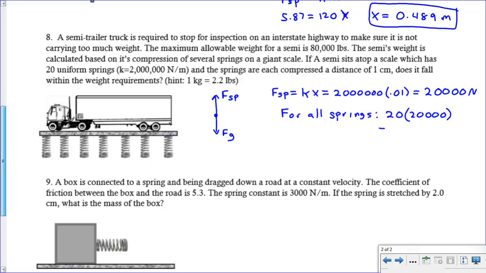And you get 400,000. So all of the springs together pushing up on the truck have 400,000 newtons of force. That means the gravitational force on this one is equal to 400,000 newtons.